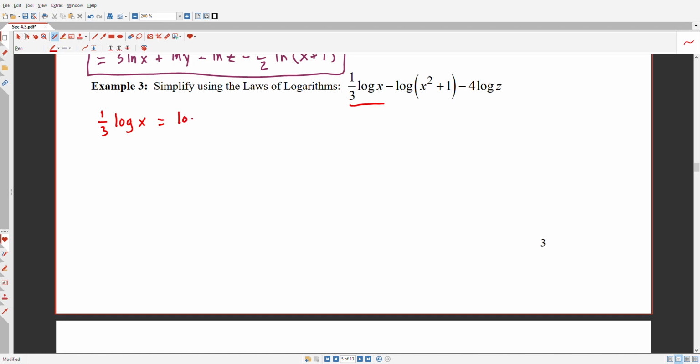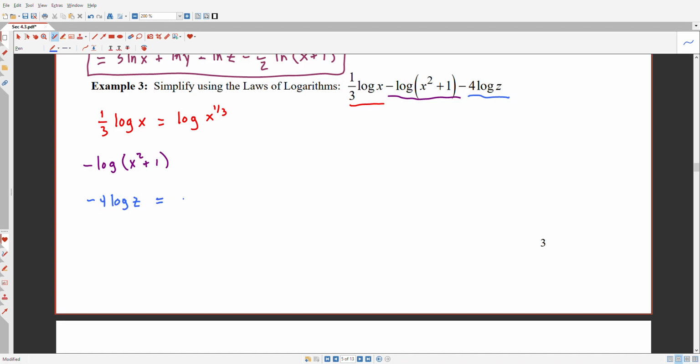That's log of x to the 1/3 power. And this term here, there's not a whole lot I can do. It's got a minus sign in front of it. So maybe I'll just leave that one alone for right now. But the last term, which I'll underline in blue, is minus 4 log z.